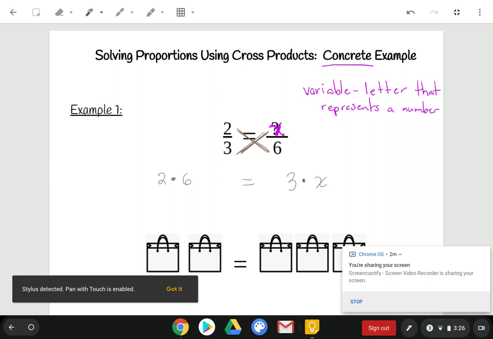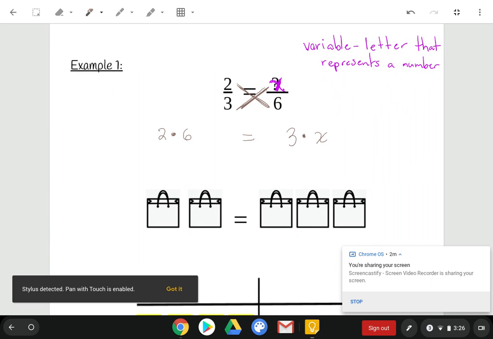I want us to think about what 2 times 6 actually means. One way to think about it is having two groups of 6. So I have two groups of 6. So I have some shopping bags down here.